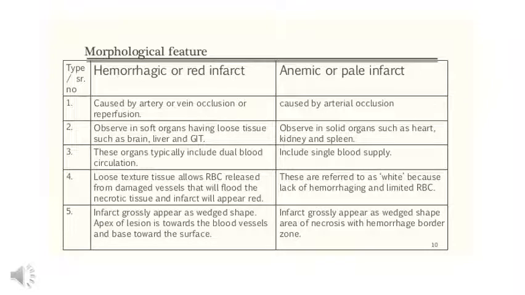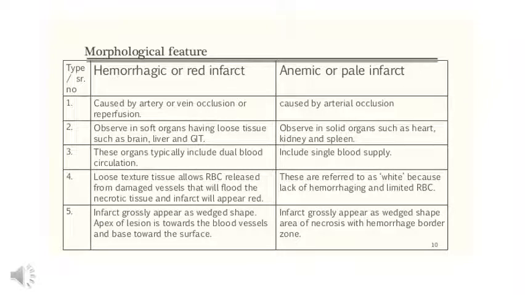So there is not an easy way for RBCs to come out from a blood vessel and the organ remains white. So anemic or pale tissue infarction occurs mostly in the solid organs.